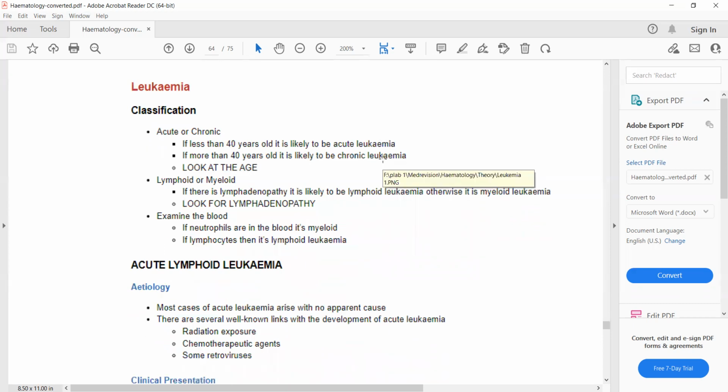So leukemia can be acute or it can be chronic. Leukemia can be myeloid leukemia, it can be lymphoid leukemia. So we are going to discuss some general points which can tell you if it's an acute leukemia or a chronic leukemia, and if it's a lymphoid leukemia or a myeloid leukemia.